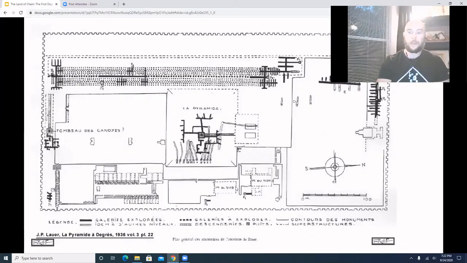But again, this was an industrial scale methane manufacturing plant. And again, as the step pyramid underwent its renovations from the original single level platform into the 6-tiered structure, it became a very sophisticated operation. And they would have installed components that would have made the processing cycle and the production cycle more efficient.